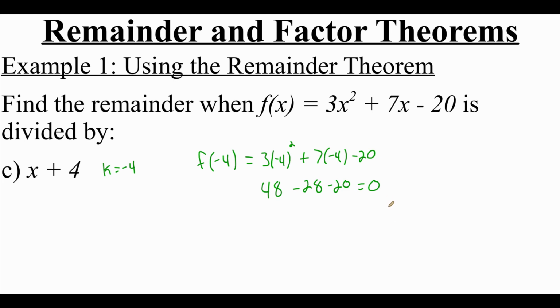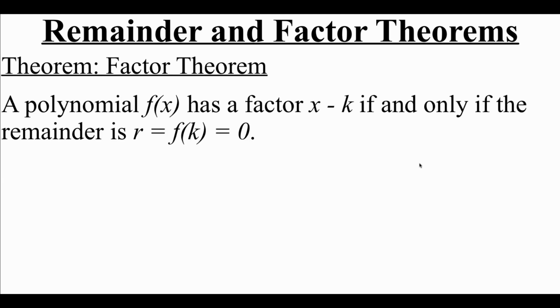And this is actually going to lead us into our next theorem. So if your remainder is 0, that means that your x minus k divides evenly into your polynomial function, which actually means that it's a factor of your original polynomial.